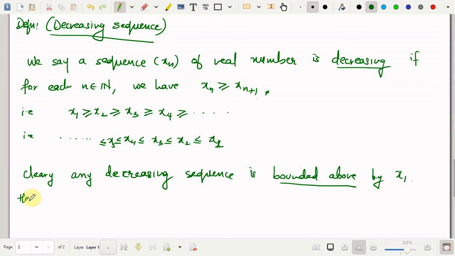Hence one can conclude that such a sequence is bounded if and only if, again here I am considering the image set of the sequence, it is bounded below, that is, its image set is bounded below.